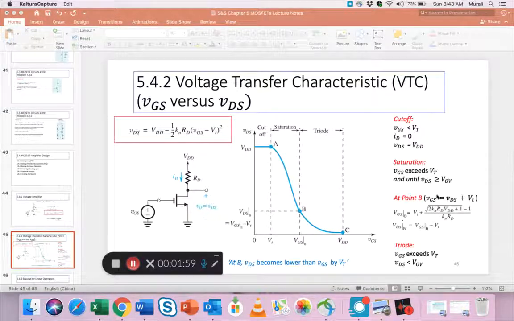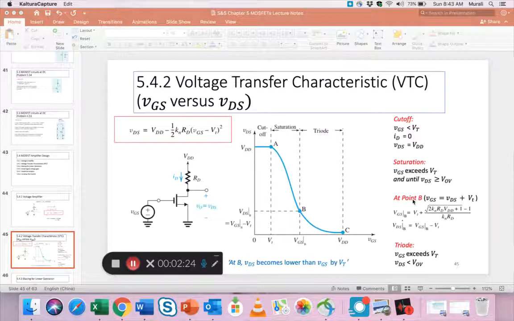The one point I changed was with regards to point B. I had written that at point B we have VDS greater than the overdrive voltage, VOV. Also, I had written overdrive voltage as OD, but it's actually VOV.